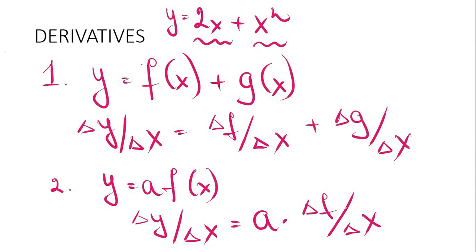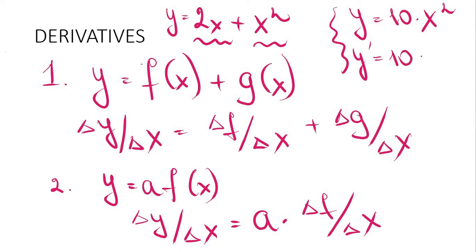Something like this. For instance, if you have y is equal to 10 times x to the power of 2, then the derivative of y with respect to x will be equal to 10 times 2 times x. So we keep this coefficient.